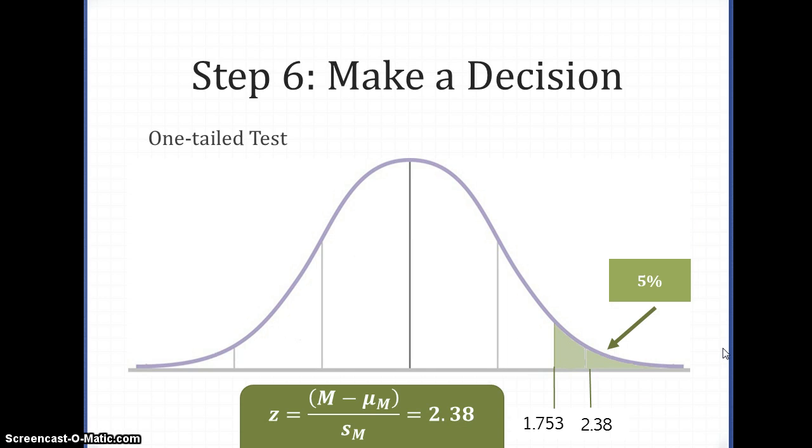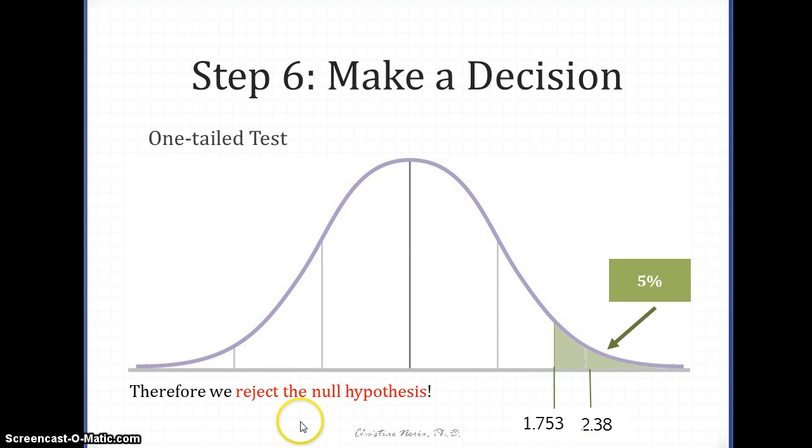We're almost there. In this next part, I've replicated here what our calculated value is. We have our critical value, and then we've plotted where that score falls, and it's 2.38, and it does fall in this shaded region. Therefore, we reject the null hypothesis in this one-tailed test because the value we calculated for the t-test is more extreme, or further away from the mean, than our critical value of 1.753.